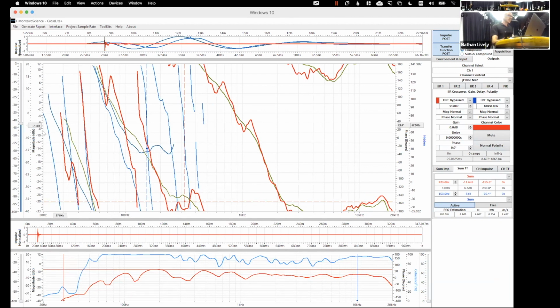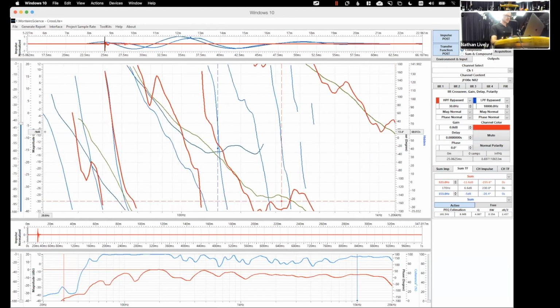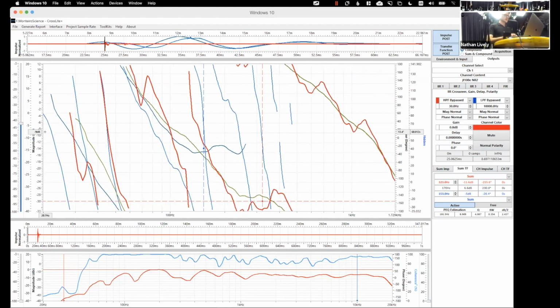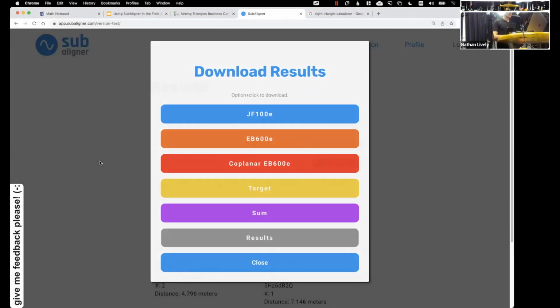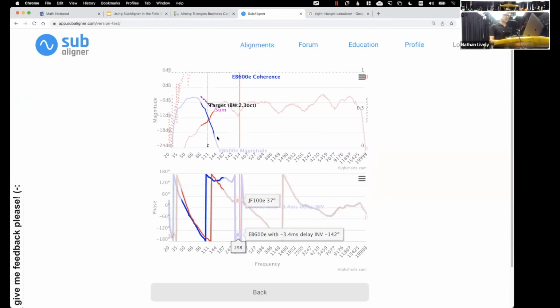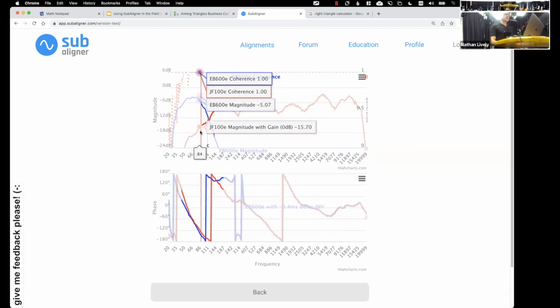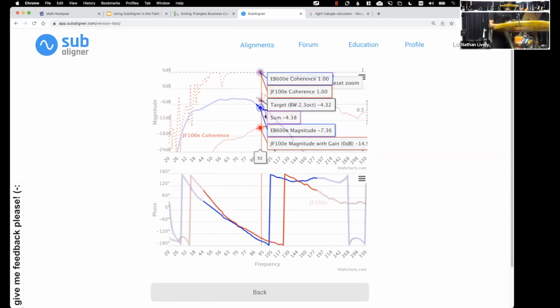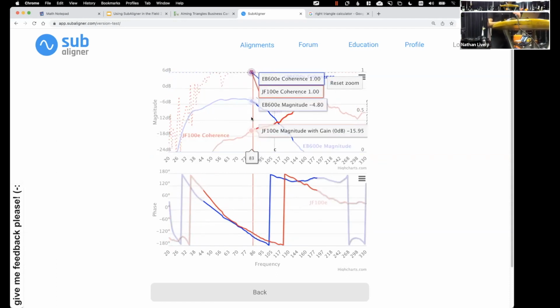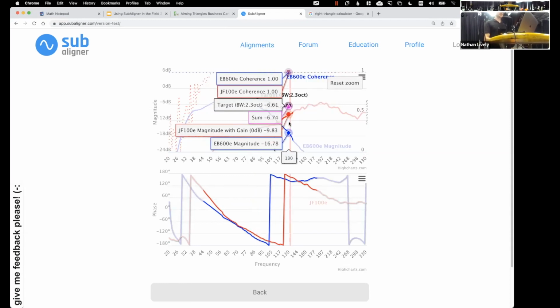So I'm going to zoom in here a little bit to the low end. Where is our crossover region? Well, I could go back here, but I'm just going to switch over to this plot real quick. So where these lines turn bold, that is where you are within 10 dB and is what I generally consider the crossover region. It's the most critical area, right?